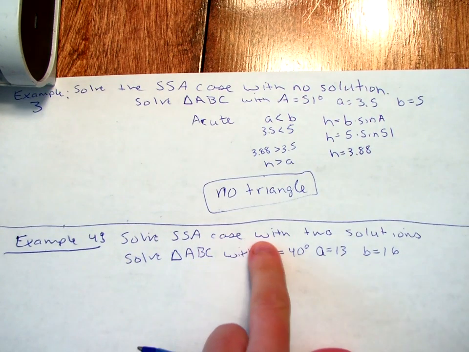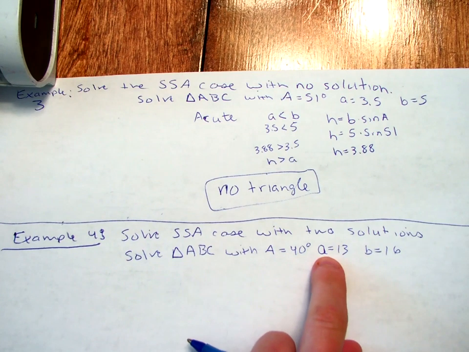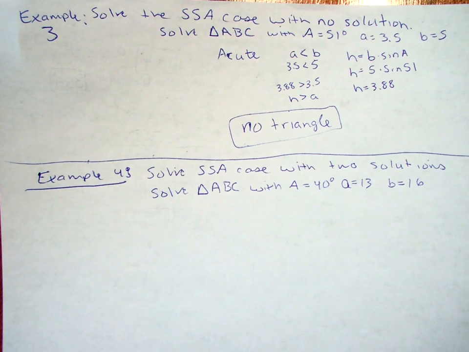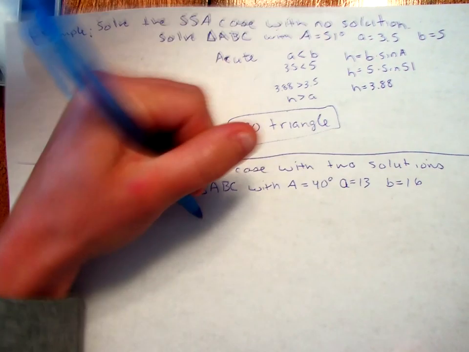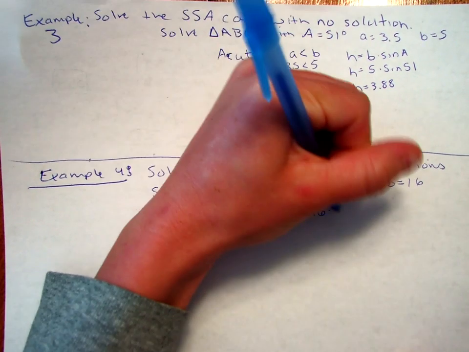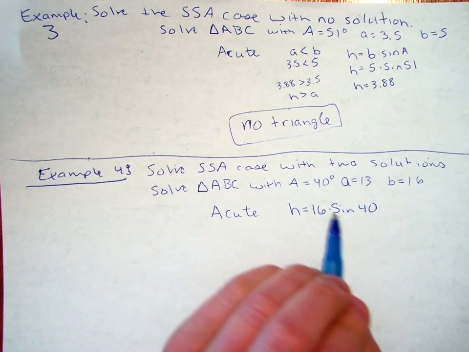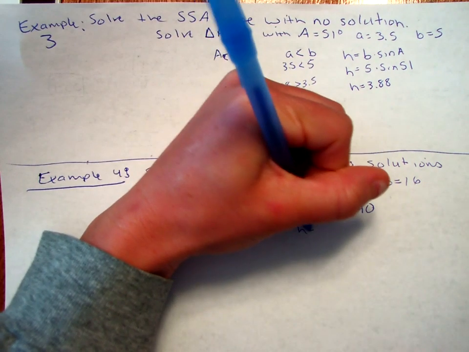Solve a side-side angle case with 2 solutions. So we have a triangle, A equals 40, side A is 13, side B is 16. So this goes into the acute angle case as well, and we already know that we have nothing where we just combine A and B. So let's find H. So acute, H equals 16 times sine of 40, H equals B times sine of A, and 16 times sine of 40 equals 10.3.